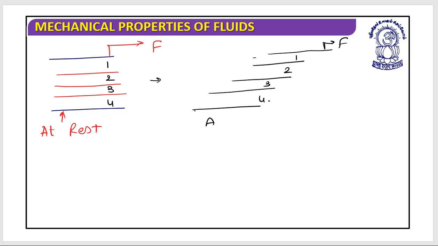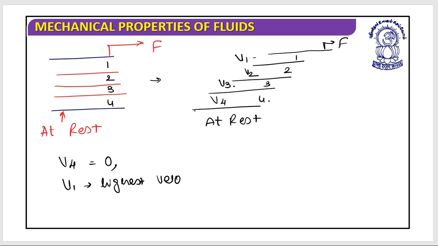Again, the bottom is at rest. Suppose this layer has velocity v1, this layer has velocity v2, this layer has velocity v3, and this layer has velocity v4. As v4 is at rest, v4 is equal to 0. v1 has the highest velocity because it is moving in the positive x direction.